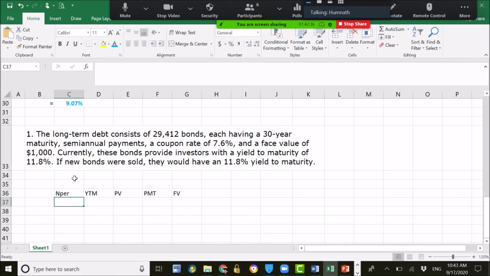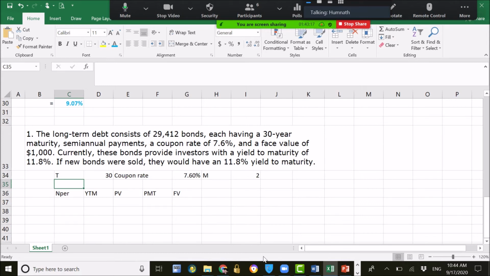And then here we do T, rate, and compounding. So this one has 30 years, right? And what is the coupon rate? Coupon rate is 7.6%. And what is the compounding? It's twice, semi-annual, right?